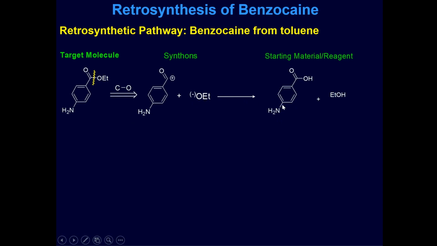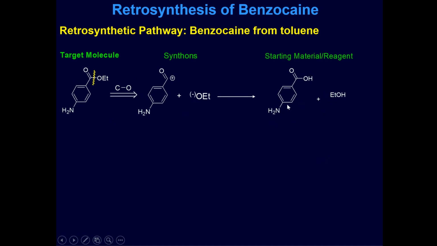OEt minus I can get from ethanol. Ethanol I can use as a reagent. Para amino benzoic acid I can use as a starting material, and I treat it with ethanol. In the presence of sulfuric acid, esterification occurs, and I'll get the benzoate.